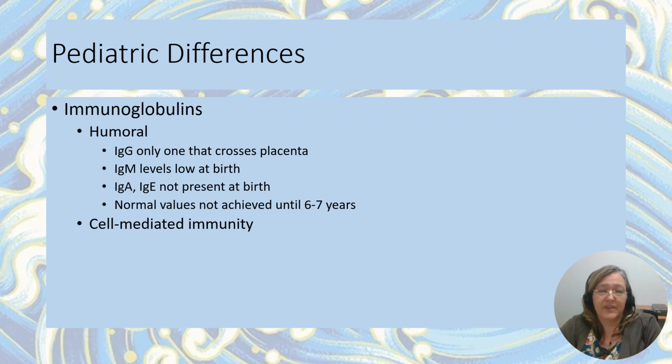So that's one of the reasons they're very susceptible to certain diseases after birth because they don't have the natural immunity. IgG is the only one that crosses the placenta. The baby does have some natural IgM. So we can administer those immunoglobulins if needed, but in general, what we want to do is keep the child well until they can build up their own immunity.